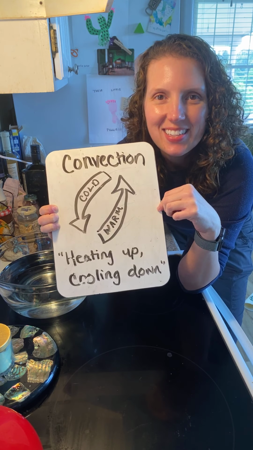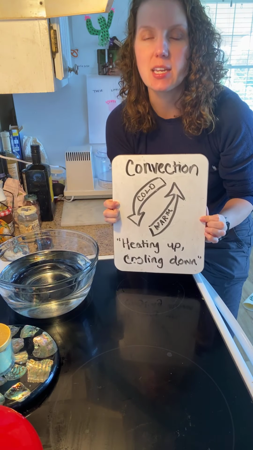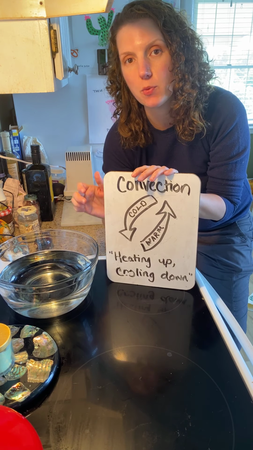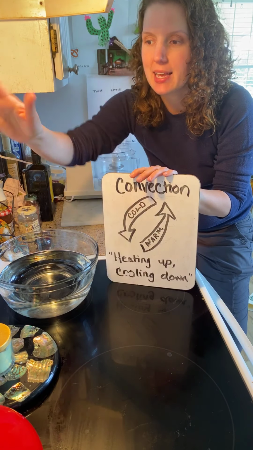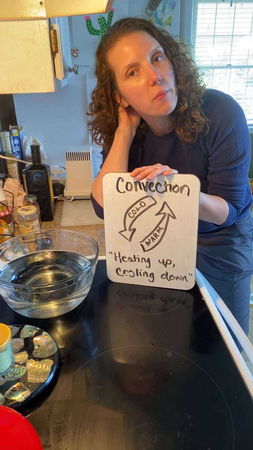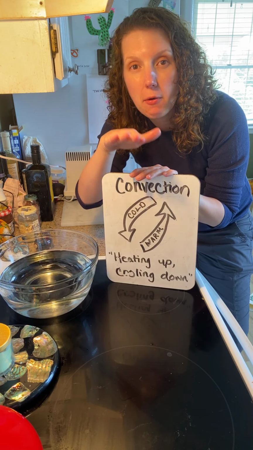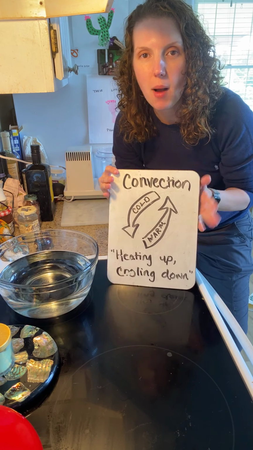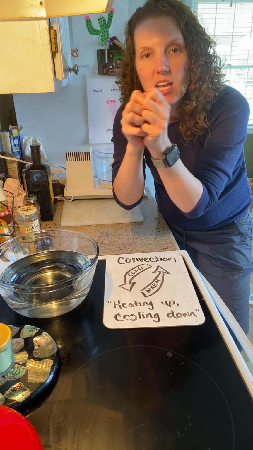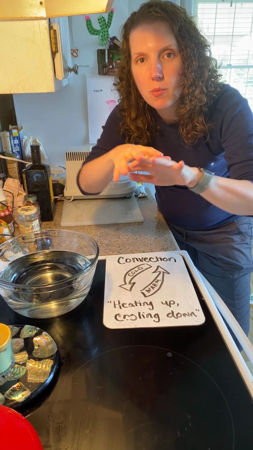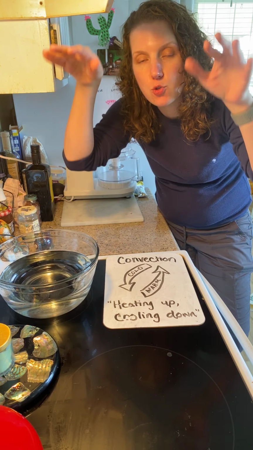So what is convection? Convection is a way of heat transfer that works only in fluids, fluids being things like air and water, liquids. When we're talking about convection, we're going to talk about how heat moves through those things. As they get warmer, their molecules become less dense. In a cooler state, the molecules are closer together. As they get warmer, they spread apart and begin to rise.